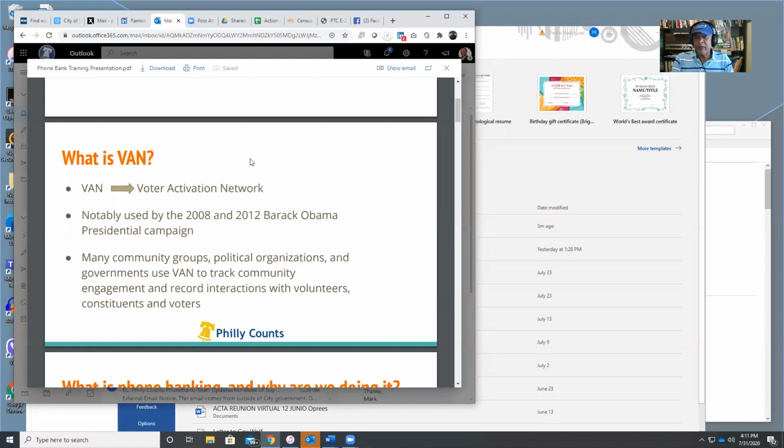You're probably most familiar with Salesforce, which is the most popular in the private sector. VAN is also being used by some municipalities like Philadelphia to do civic engagement, to engage communities and residents on different initiatives and activities, and to feel the pulse of the communities. So we use the VAN to do outreach and organize activities and events related to the 2020 census to try to get the turnout.